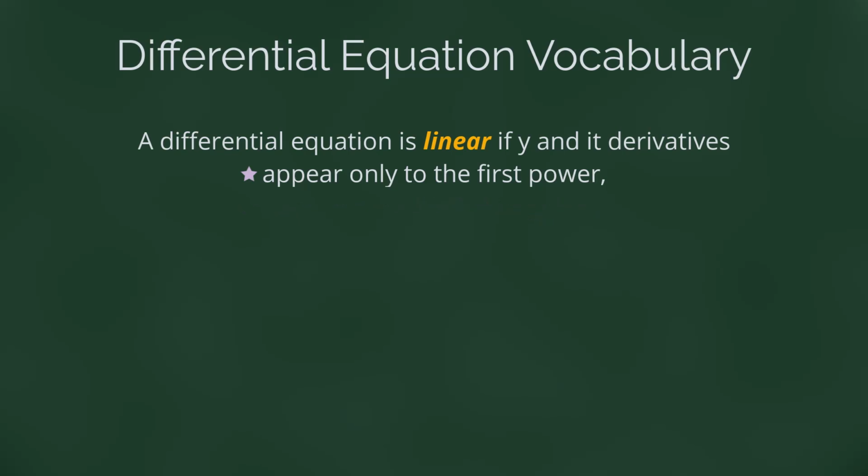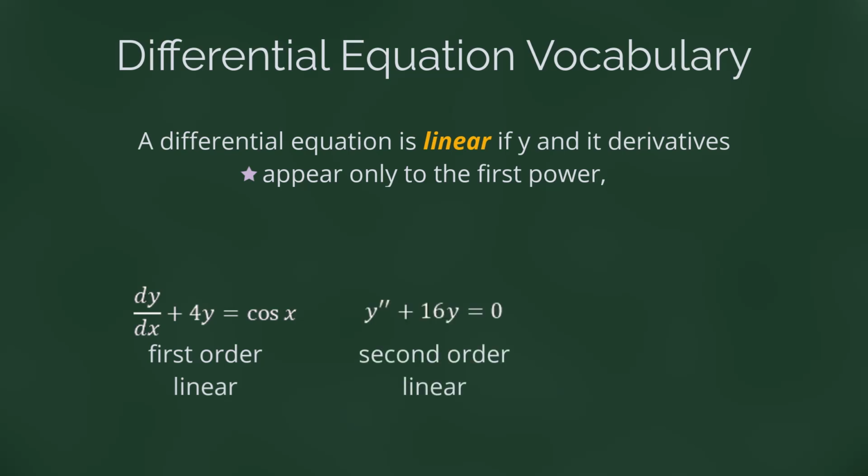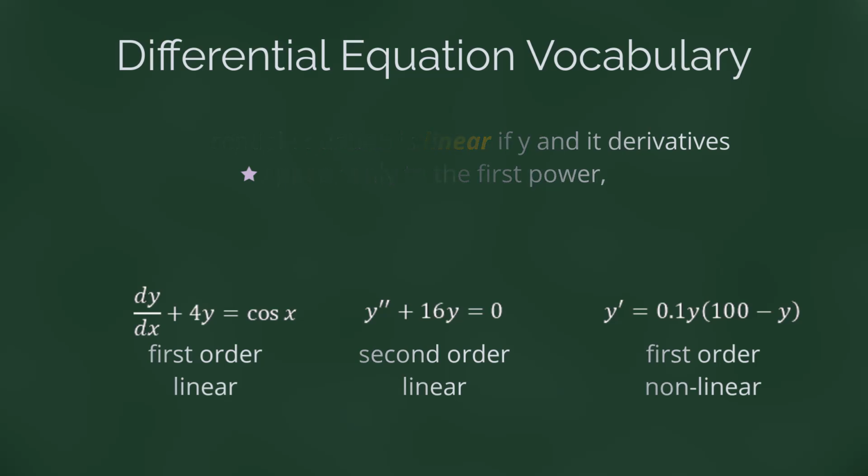Going back once again to our previous examples, dy/dx plus 4y equals the cosine of x is a first order linear differential equation. y double prime plus 16y equals 0 is a second order linear differential equation. y prime equals 0.1y times (100 minus y) is a first order nonlinear equation because y is multiplying itself and would eventually be raised to the second power if we distributed it. We'll see as we learn to solve differential equations that their order and linearity give us important clues about the solution methods we might use.